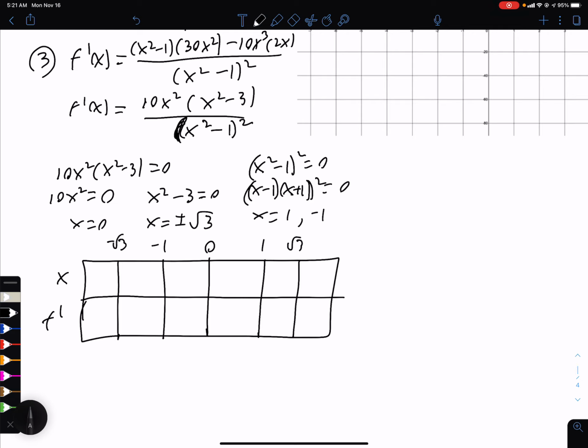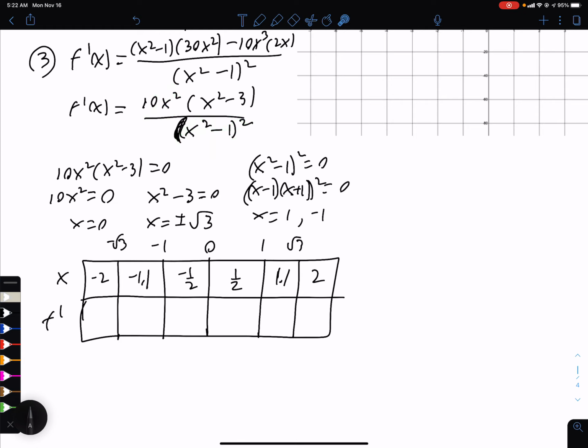I got to plug in a lot of values: negative 2, negative 1.1, negative 1/2, 1/2, 1.1, and positive 2. Okay, this should go pretty quickly, hopefully. And I'll tell you why. If you look at the derivative, that squared, the bottom's always positive, so we can ignore that as far as positive and negative. And that's always positive, so we can ignore that.